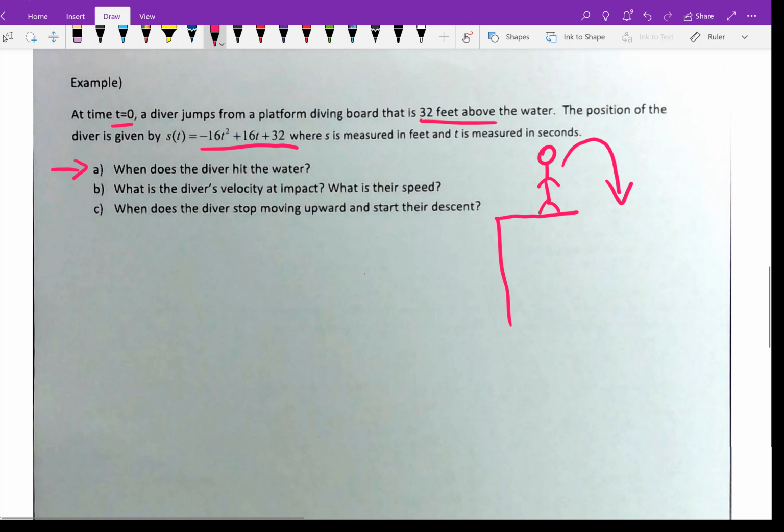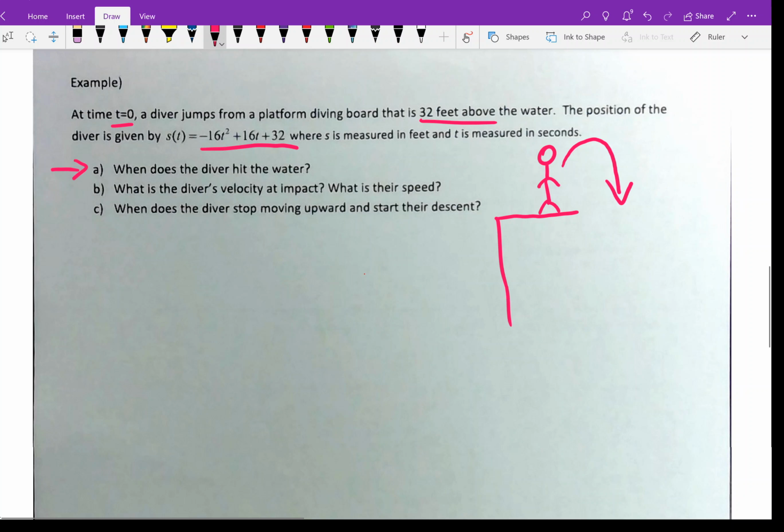It says, when does the diver hit the water? So if we know quadratics, when we set them to 0, they're going to give us basically the maximum height or the lowest point. In this case, the diver is jumping up and then down.